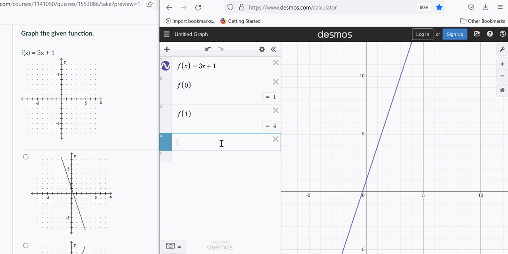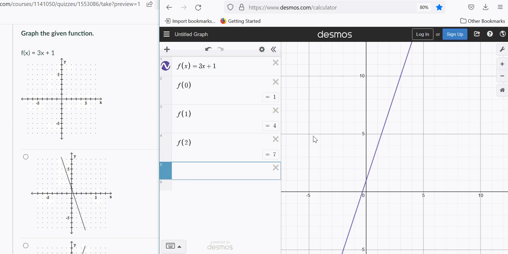You may do more. F of 2 equals 7 already, because 2 times 3 is 6 plus 1. So you have 7. Okay.